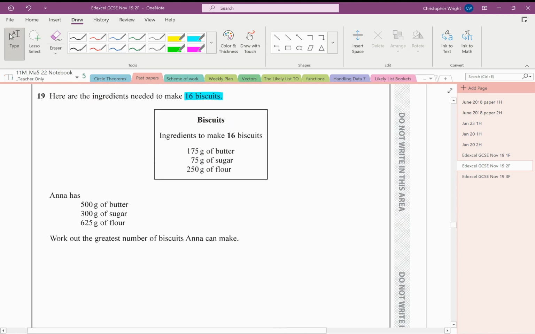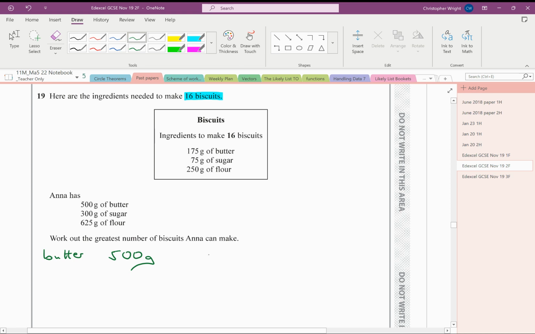Well, I think I'm going to work out how many times she can make the 16 biscuit recipe according to butter, sugar, and flour. Now, butter, she has 500 grams, right? So she could make this 16 biscuit recipe more than once, couldn't she? Because she needs 175 grams of butter to make it once.